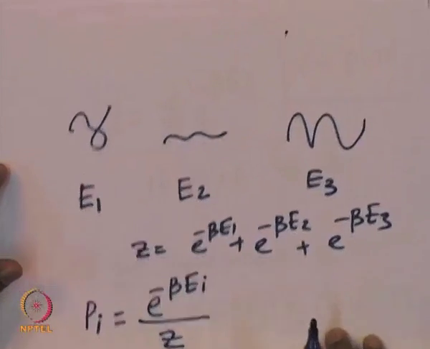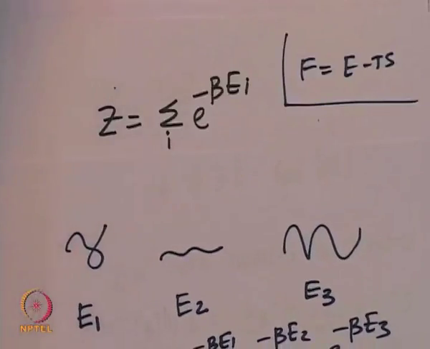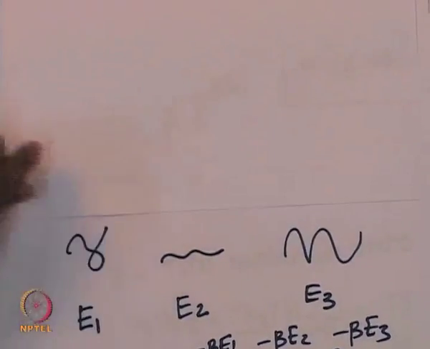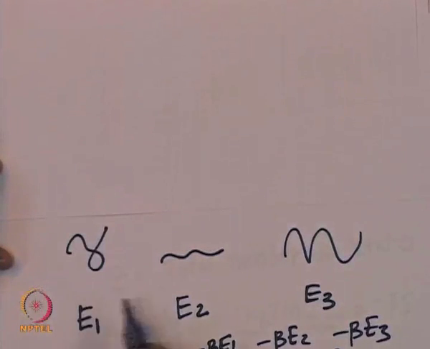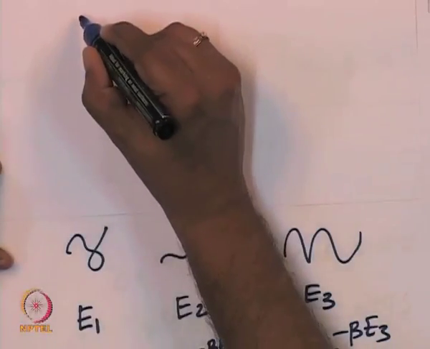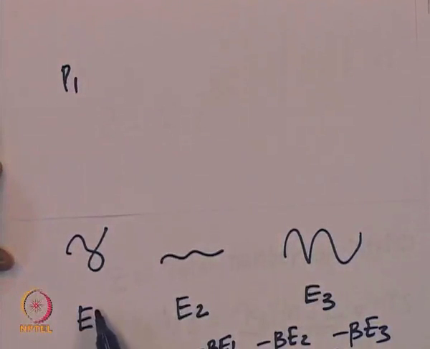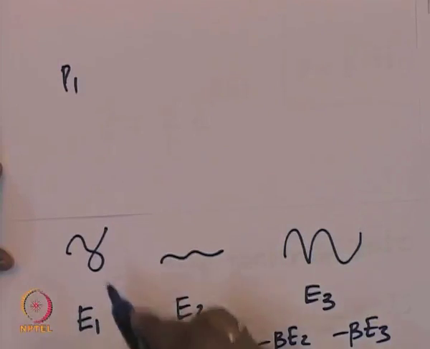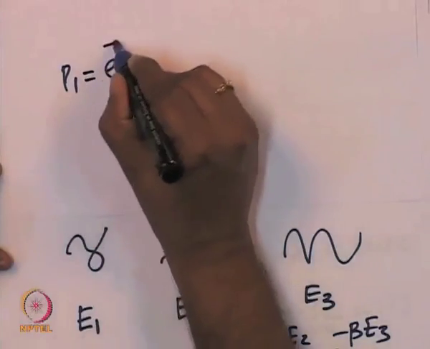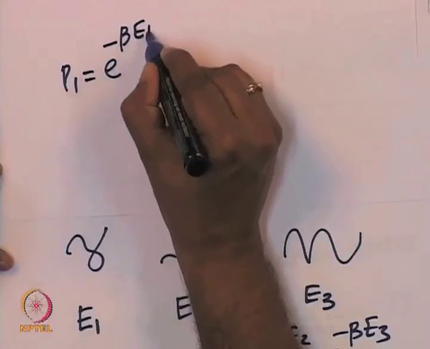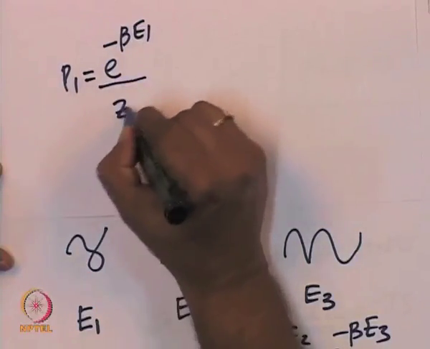We have 3 states here, so we can ask the probability of finding the system in state 1, state 2 and state 3. The probability of finding the system in state 1, let me call this P1, which has an energy E1, is nothing but e power minus beta E1 divided by z.